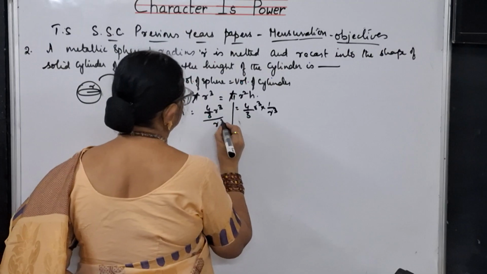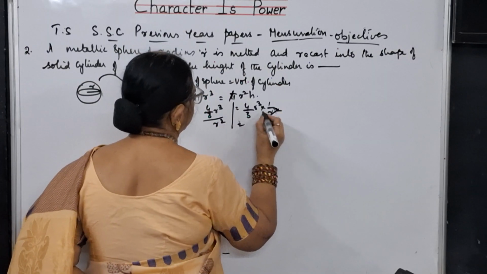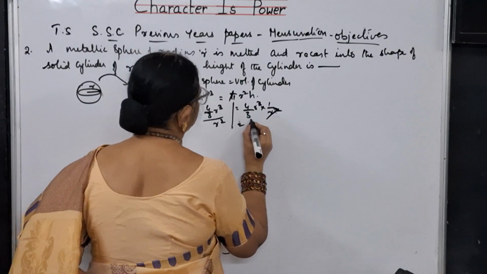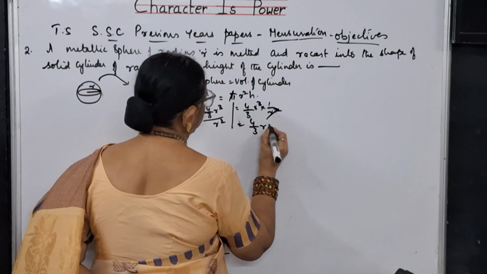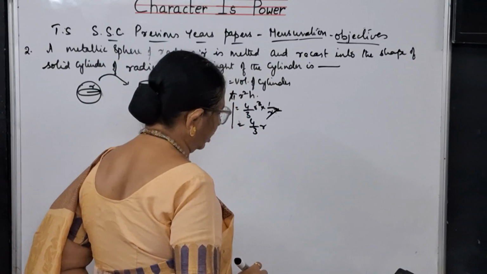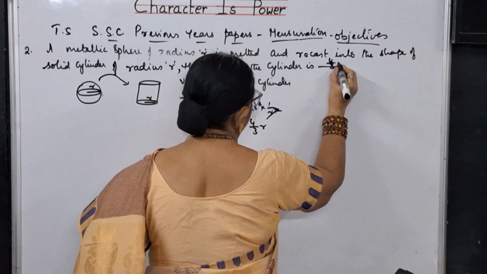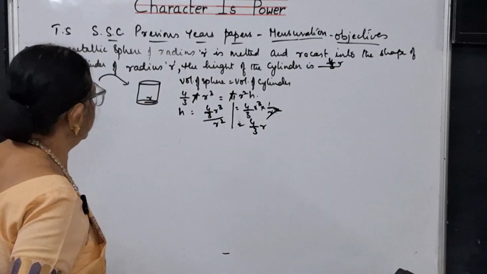This is r square, not r cube. So here 1 r will be left. H is equal to 4 by 3 r. This is the answer, so 4 by 3 r is the answer for the second one.